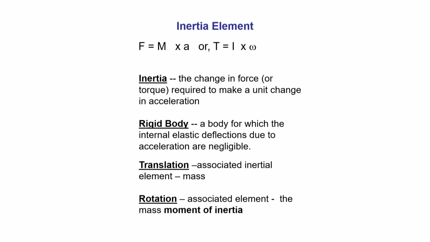Finally, last but not the least, is the inertia element. Colloquially we say it is the mass, but it is not exactly the mass; it is something related to the acceleration. If it is related to translational acceleration, then it is related to the mass, and if it is related to rotational acceleration, then it is related to the mass moment of inertia.